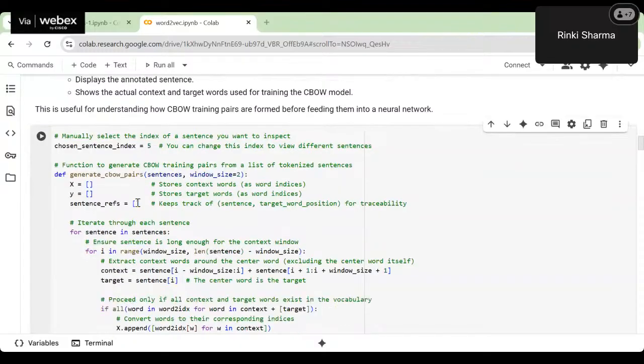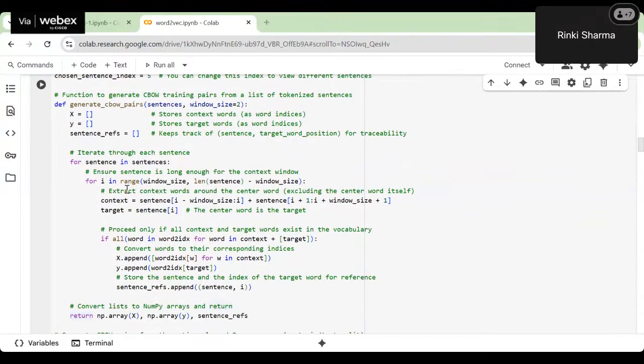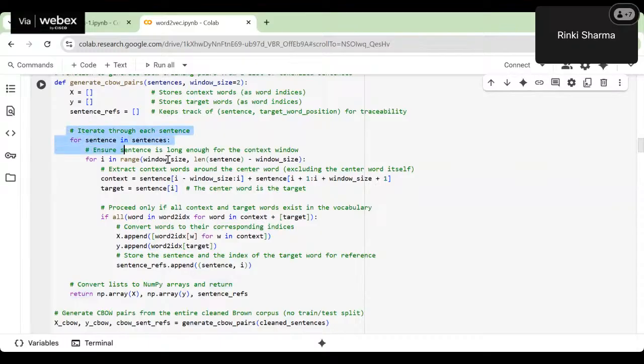Now here we define two variables, x which stores the context and the variable y which stores the target. Now what we did in this step is for any sentence i, we define the context window size, like how the context and target pair is created. This window size is dependent on our choice.